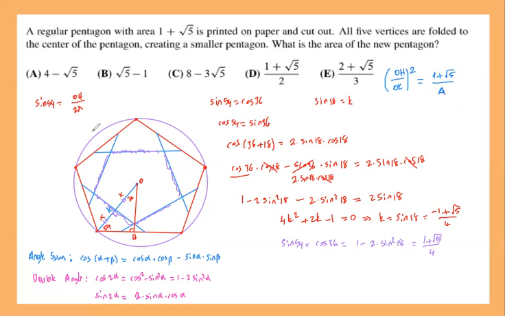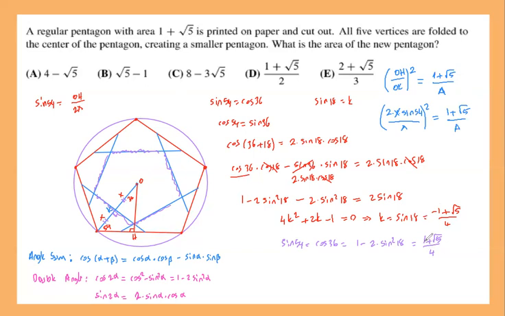OH is basically 2 times x times sine 54. So 2 times x times sine 54 divided by OK, which is just x, which is really nice to cancel. And we are going to square this. That will be 1 plus root 5 over A. Now, instead of sine 54, we are going to plug in 1 plus root 5 over 4, multiplied by 2.